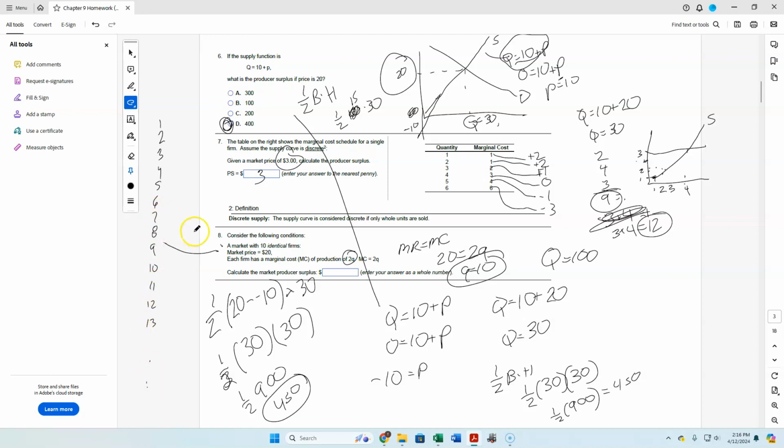As you put in those marginal costs, 2 times 1 would be 2, and that would be a difference with 20 of 18. 2 times 2 is 4, that would be a difference of 16. 2 times 3 is 6, so now my difference is 14, right? And you would go on, and then you would sum all that up, and that would be your answer there.